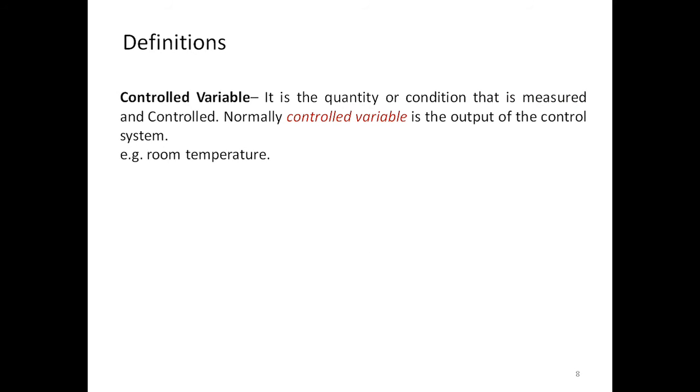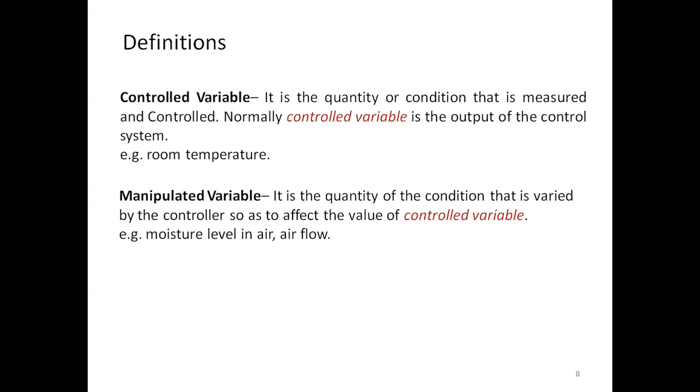It is the quantity or condition that is measured and controlled. Normally, the control variable is the output of the control system. For example, room temperature. This is our output of the control system in the case of temperature control in a room using an air conditioner.